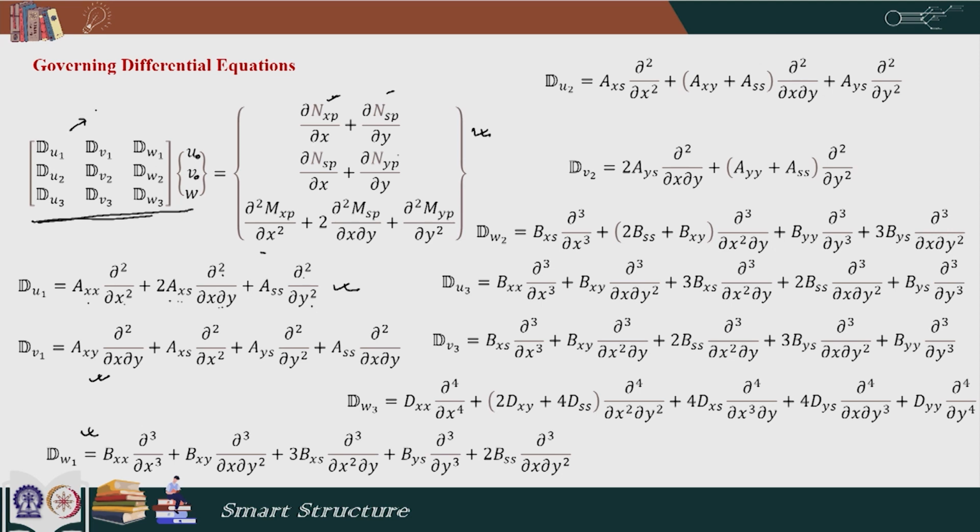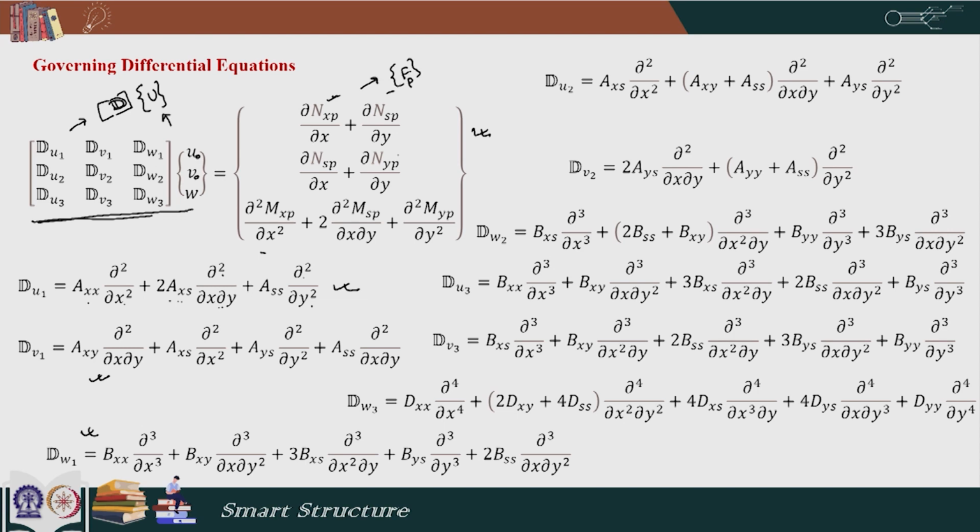So, let us define this matrix as an operator matrix D, and this we have already defined as U, and let us define this as a matrix Fp maybe.